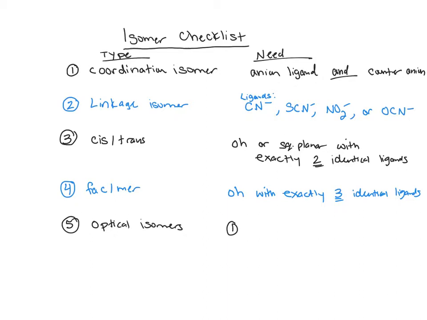These were also covered in the lecture videos. This is just a quick summary for you to use as you work on the workshop problems and your homework and study for exams. So we can have optical isomers if we have a tetrahedral structure and 4 different ligands.